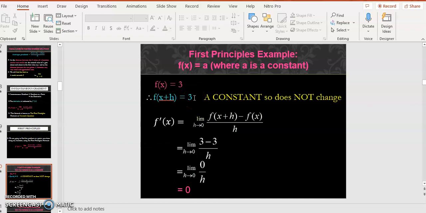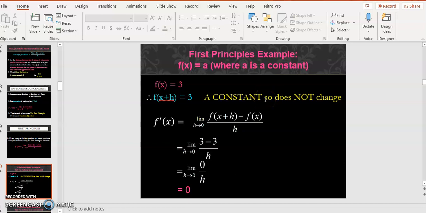It's not going to change because we don't have any x value anywhere. The constant remains as it is.